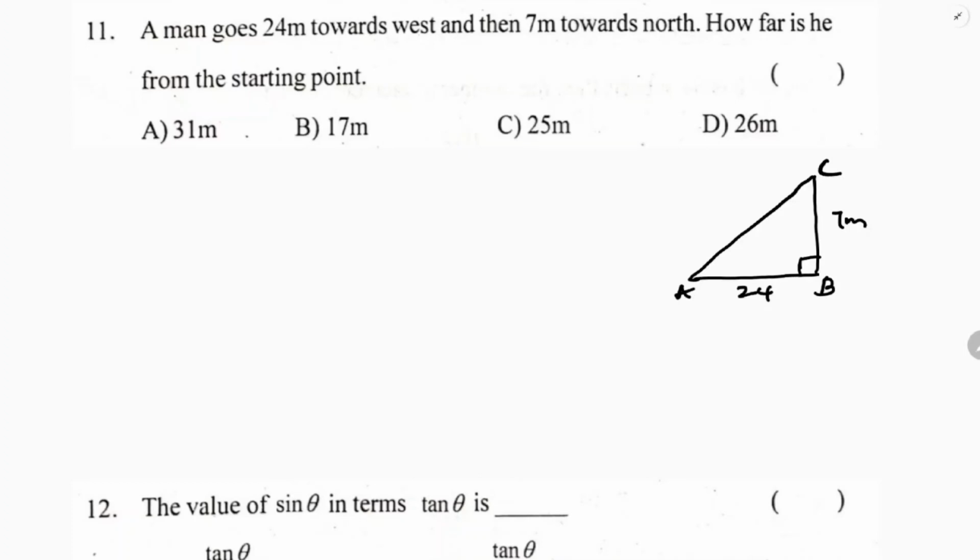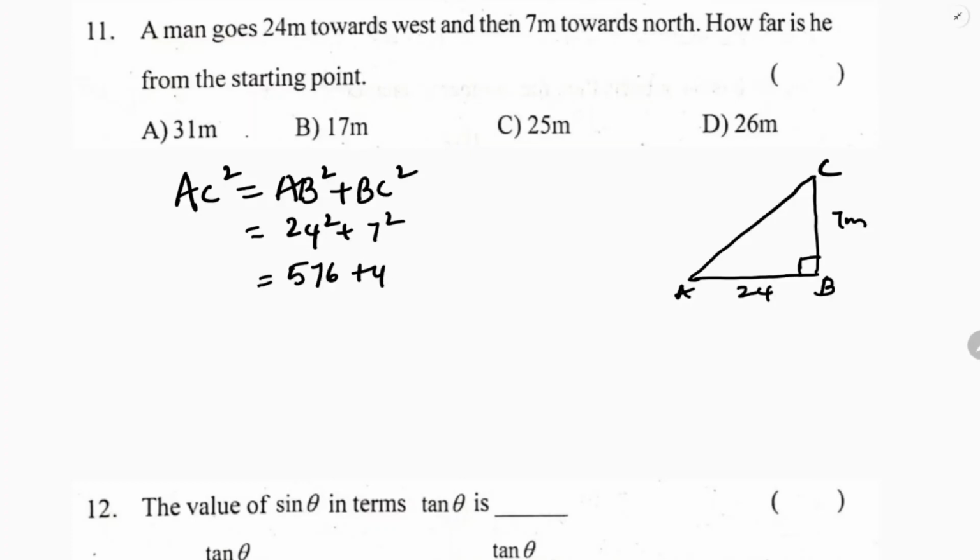Just apply Pythagoras theorem. AC square equals AB square plus BC square. So 24 square plus 7 square, which is 576 plus 49, which is 625. AC square is 625, so AC is under root 625, which is nothing but 25 meters. So correct option is C.